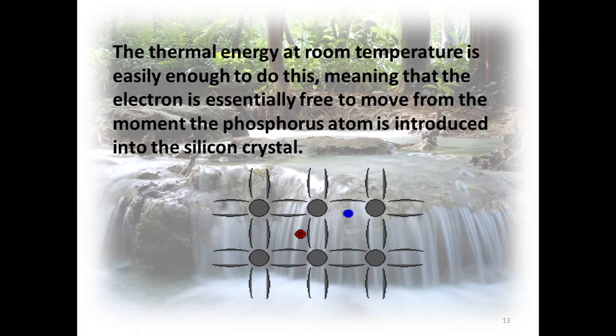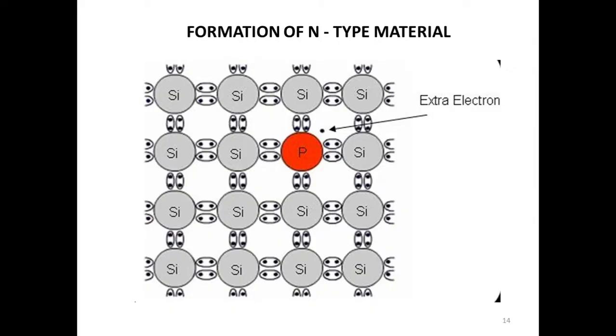In this way the free electrons will be generated, and we get this extra electron by adding phosphorus atoms in the silicon crystal. So this is called N-type semiconducting material because you are getting one extra electron in this case.